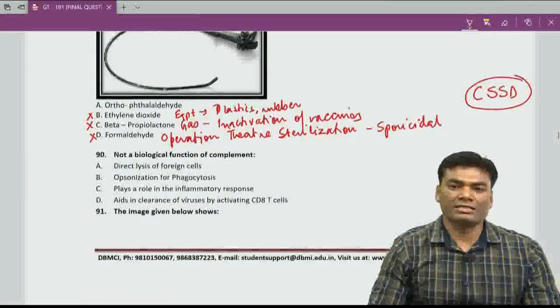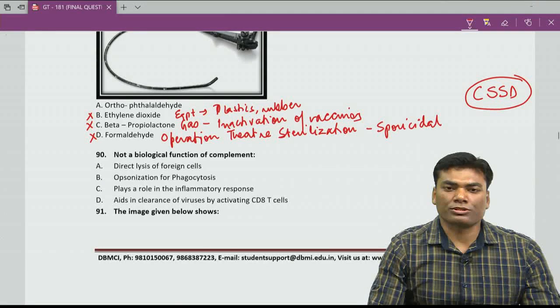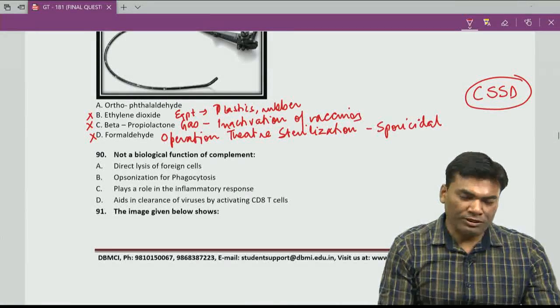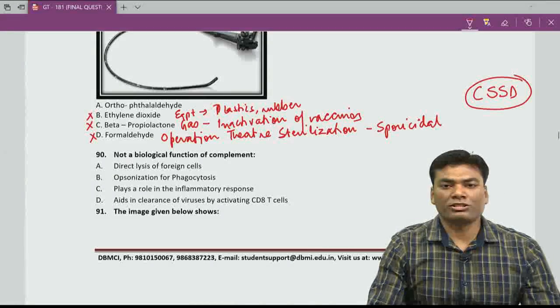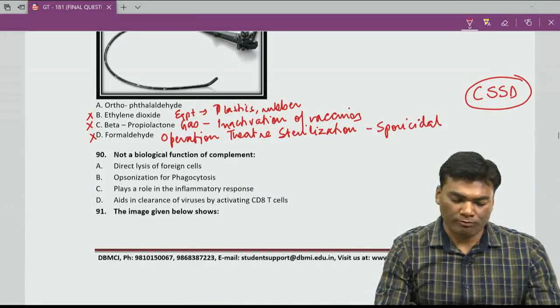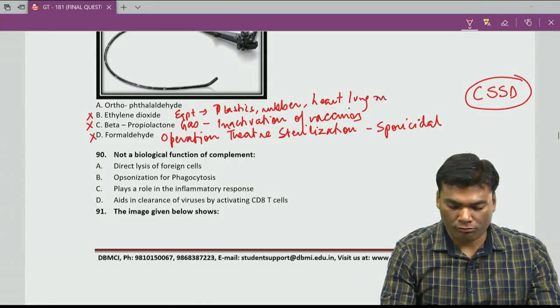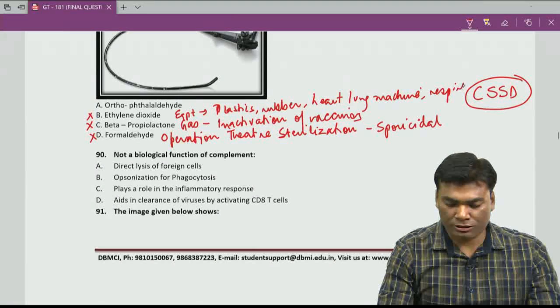All the instruments in the OT which have been used are brought to the CSSD for sterilization by various mechanisms, and ethylene oxide is used for plastics and rubber. In addition, ethylene oxide is also used for heart-lung machines and respirators.